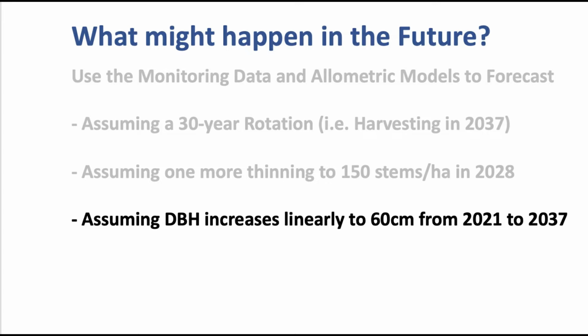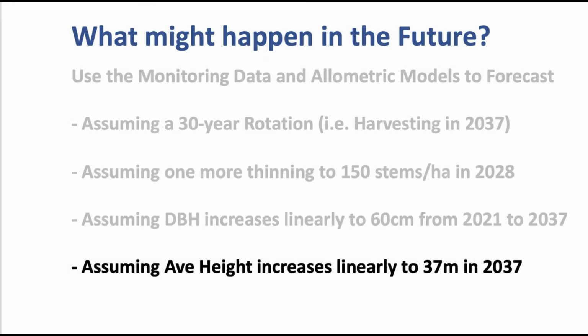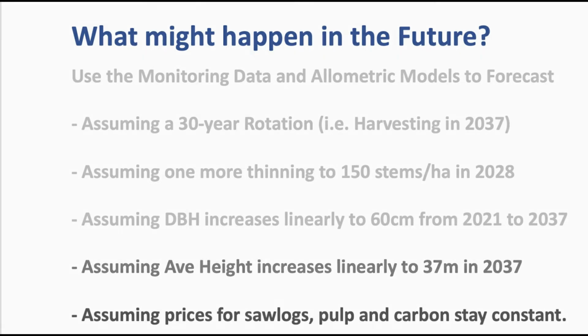A reason I've taken that is everyone says we've got to get something like 60 centimetres to make it worthwhile. So I say, well, let's assume we get it. And let's assume the height goes up. These are pretty tall trees. You were saying that maybe we'll get 25 to 30, I agree. But as you say, height is not all that important, because you're only going to take the bottom 6 metres for your sawlog anyway.